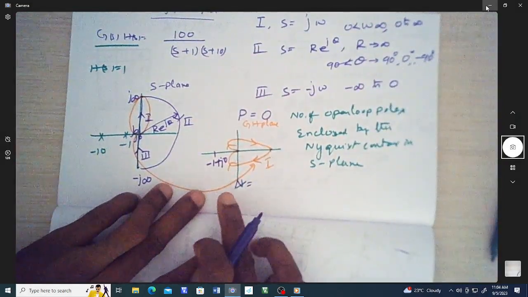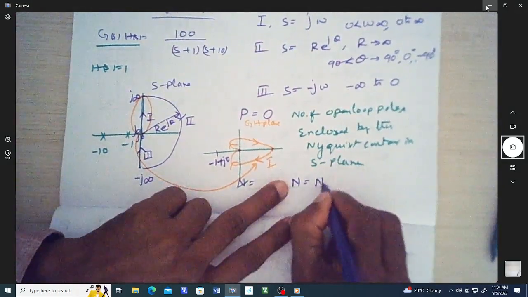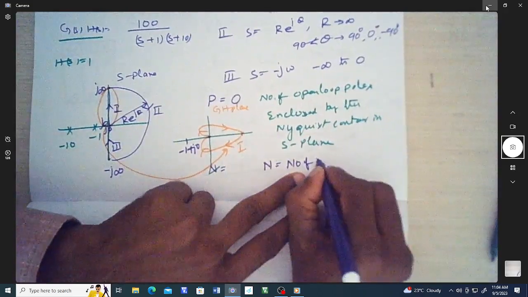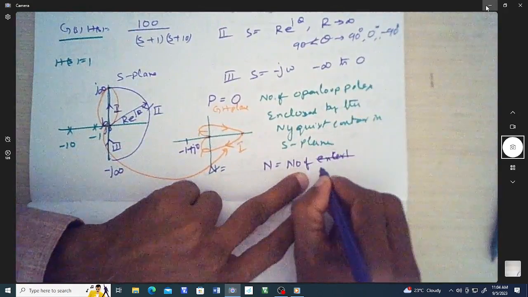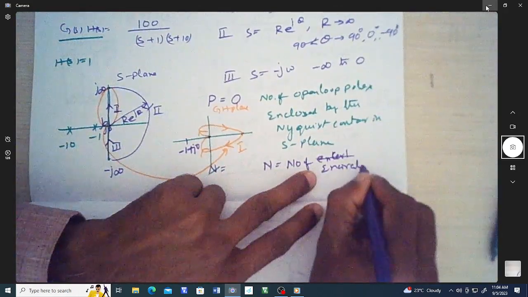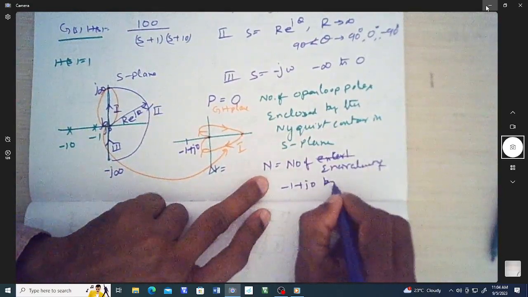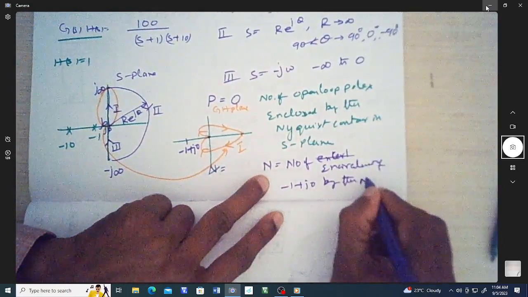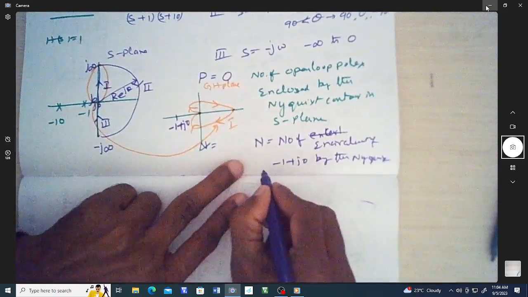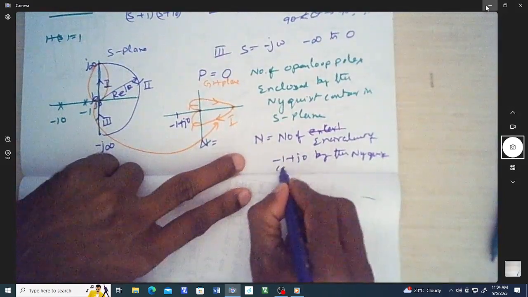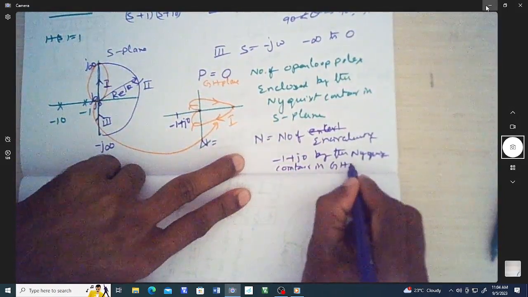Now what is the value of n? n is nothing but the number of encirclements of minus 1 plus j0 by the Nyquist contour in the GH plane.